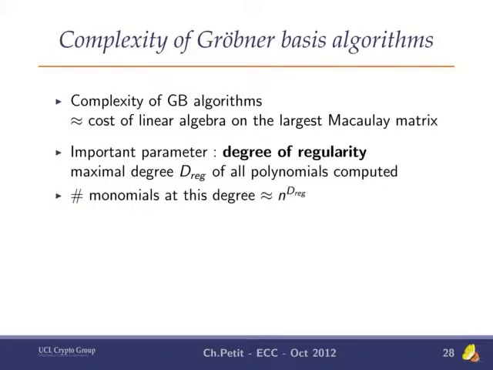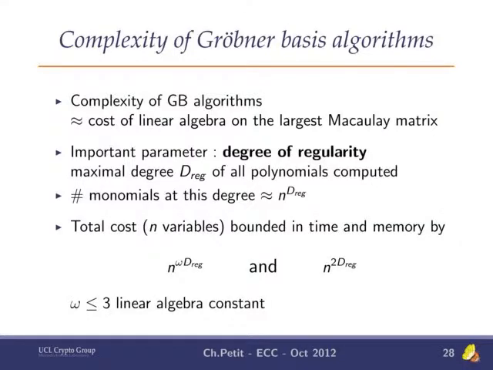Given that degree, the number of monomials at that degree is roughly n to the d_reg. So the total cost given the degree d_reg can be estimated in time and memory just by linear algebra: n to the ω d_reg and n to the 2 d_reg, where ω is the linear algebra constant, smaller than 3 and larger than 2.